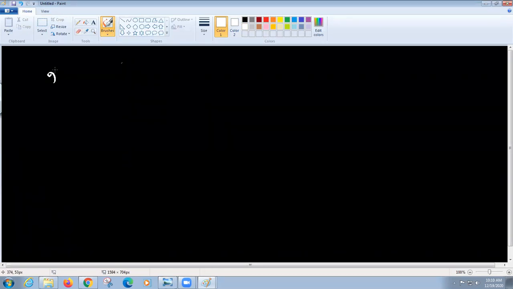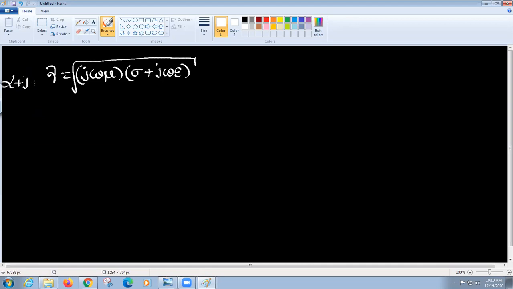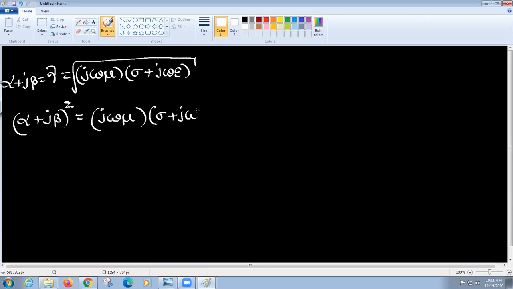So let me rewrite. Gamma is equal to square root of j omega mu multiplied by sigma plus j omega epsilon. So I can write alpha plus j beta, squaring on both sides: alpha plus j beta whole square is equal to j omega mu times sigma plus j omega epsilon.